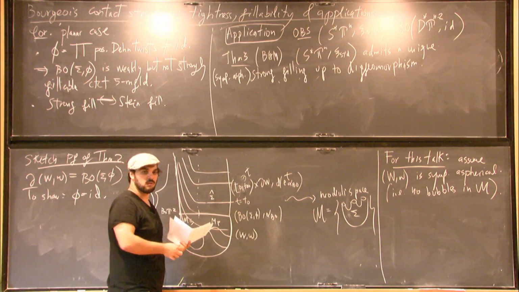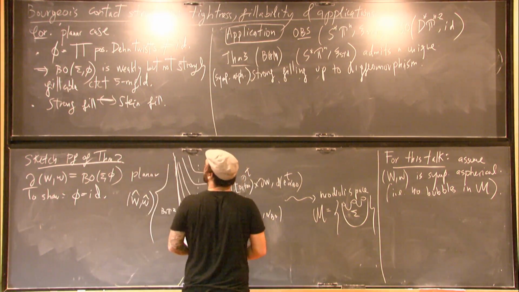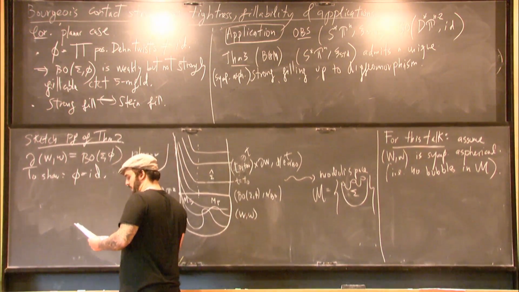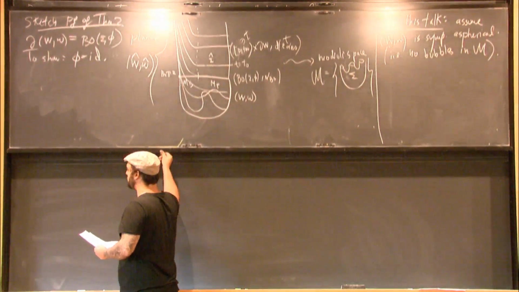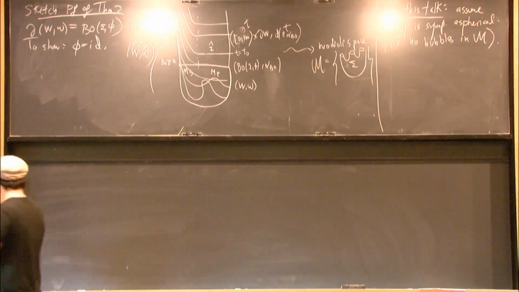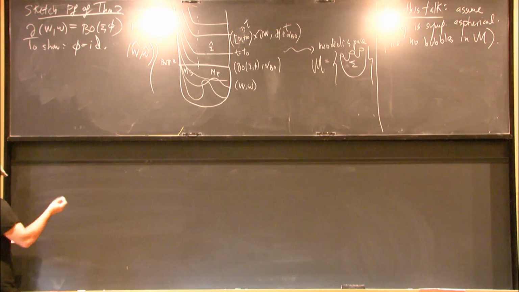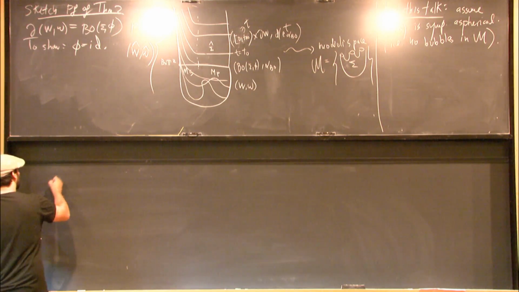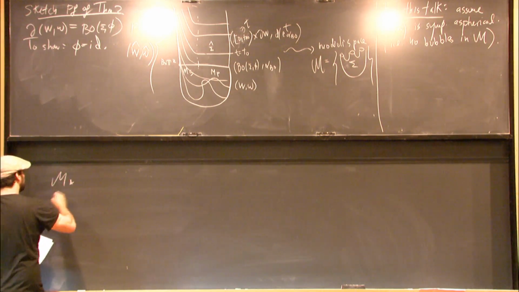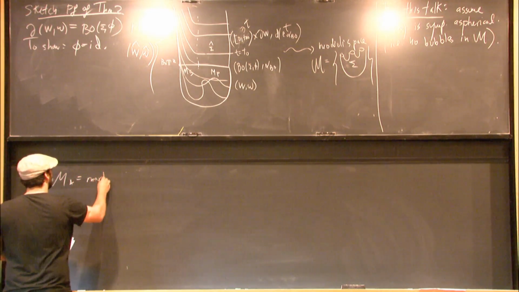Okay, so maybe let me draw a picture. So what's happening is the following. I consider M star, which is the marked moduli space.